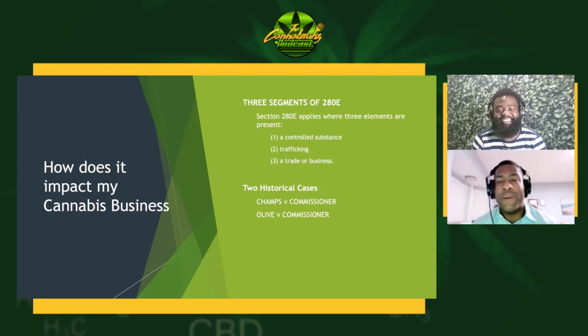Champs versus the Commissioner. CHAMP stands for Californians Helping Alleviate Medical Problems. It shows that not only are they two separate businesses, but all the funds generated from the separate businesses are completely separate. One is not dependent upon the other.